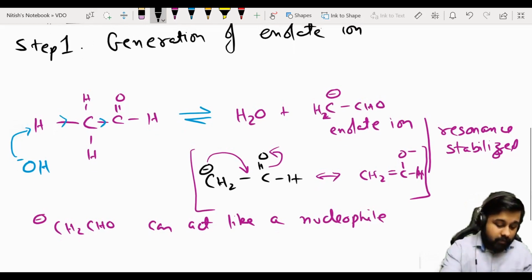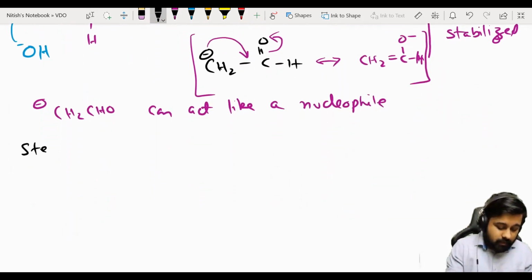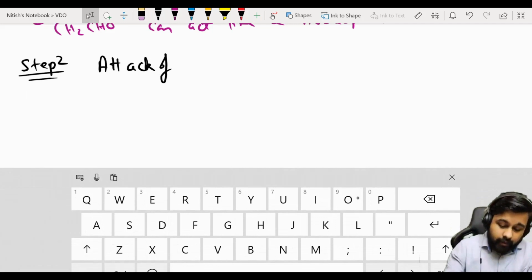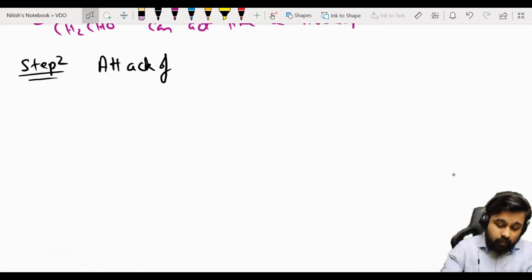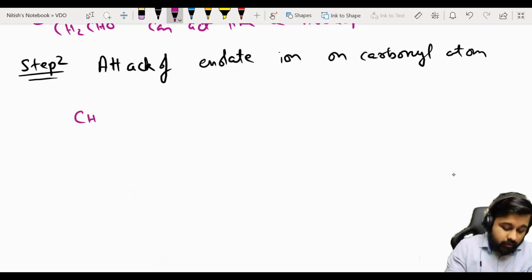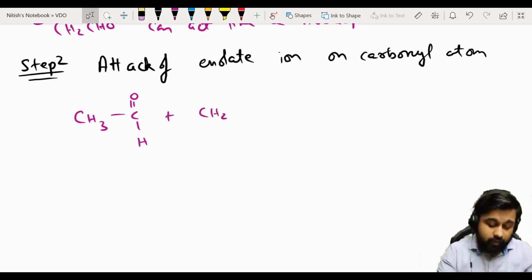So this was step 1. Step 2 is attack of enolate ion on the carbonyl atom. We have CH3CHO in the solution, and the enolate ion is also formed in the solution.